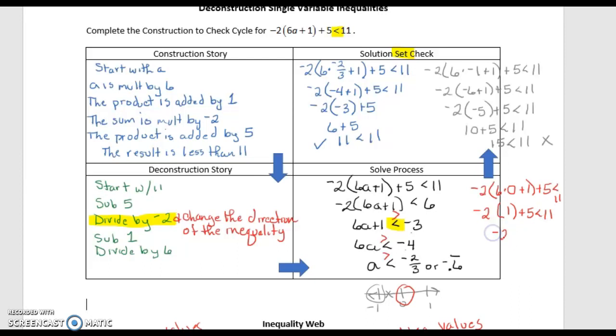And now we have negative 2 plus 5, is that less than 11? We have 3 is less than 11. This now checks. So our correct answer is a is greater than negative 2/3, not less than negative 2/3.